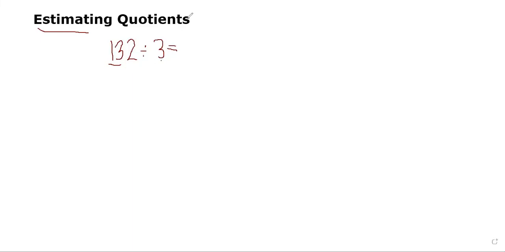And the first thing I'm going to do is I'm going to start with finding all of the factors of 3. So if you have your multiplication chart handy, you can look at it while I go through our multiples of 3, because the multiples of 3 are what we're going to use to help us to estimate. Okay, multiples of 3, so 3, 6, 9, 12, 15, 18, 21, 24.